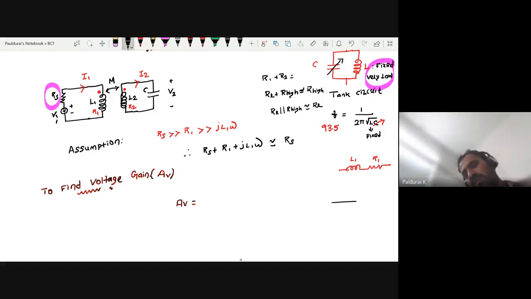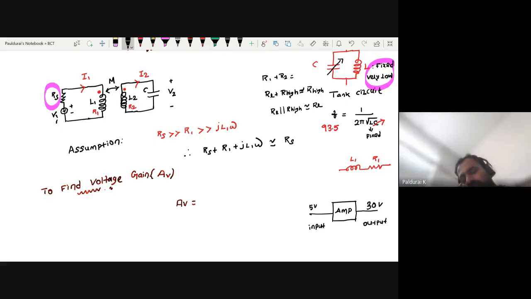Let me assume this is an amplifier, just to assume. I am giving some input, say 5 volt, and I am getting some output, say 30 volt. What is your gain?